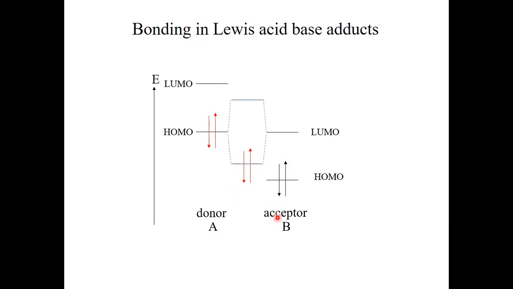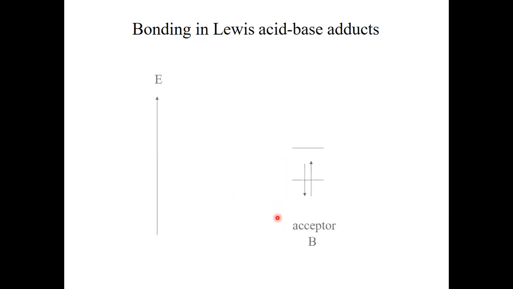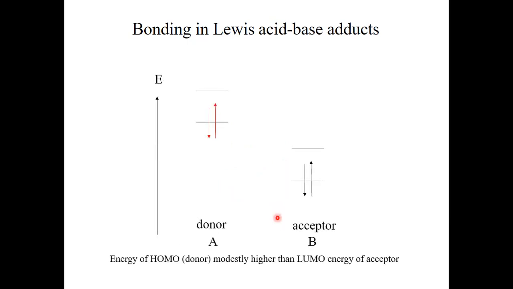Now we can say, let's make the energies of the orbitals different. For instance, let us assume that the HOMO of donor A is now somewhat higher than the LUMO of acceptor B. In this case, we would still be able to form a covalent bond, which would have dative character.